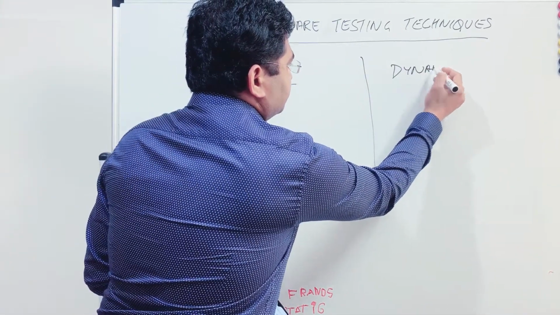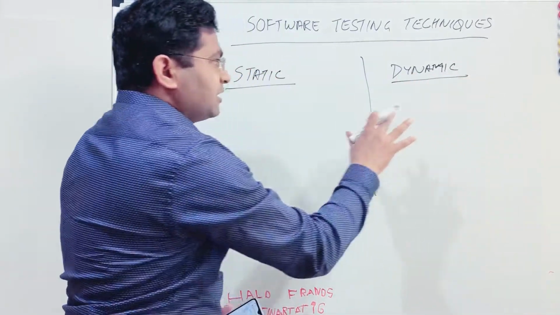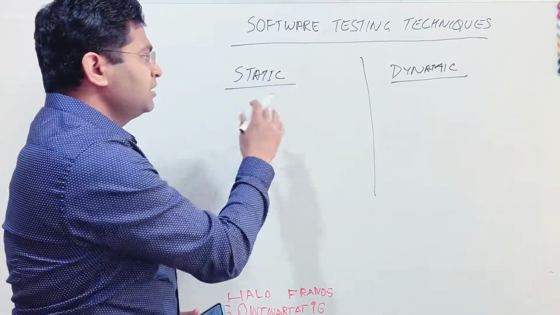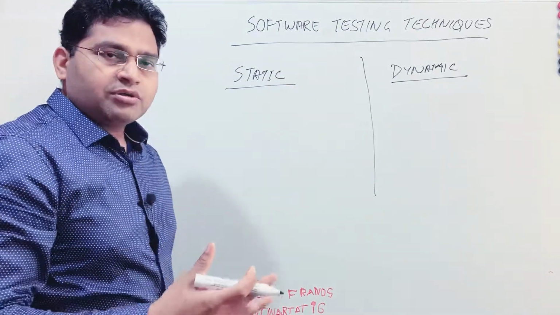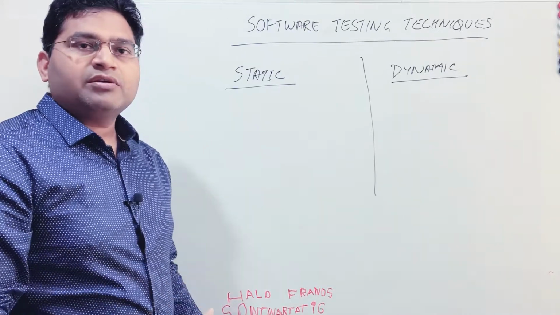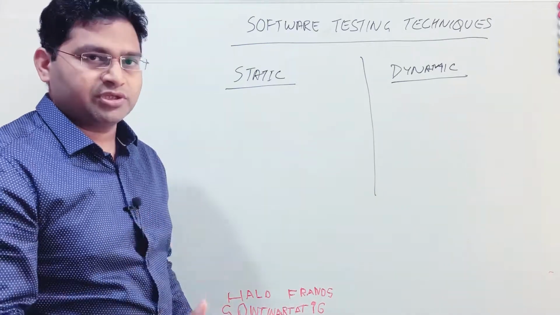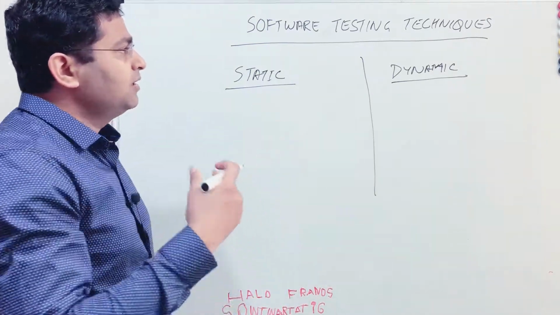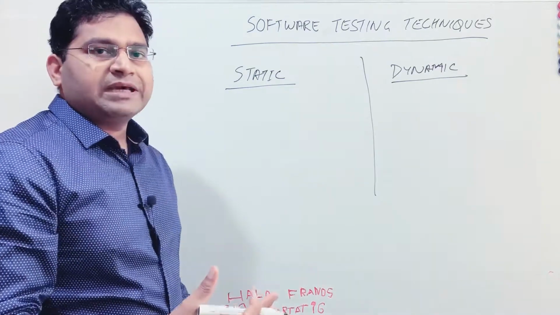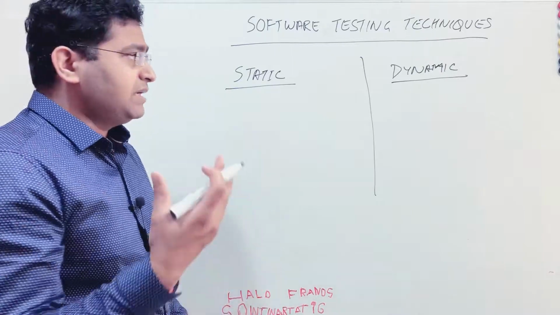These are two broader categories of software testing. In static testing, we test the software, the document or anything related to the application without executing the code. That is static testing. Dynamic testing is when you execute the code, actually launch the application and test it. That is dynamic testing.